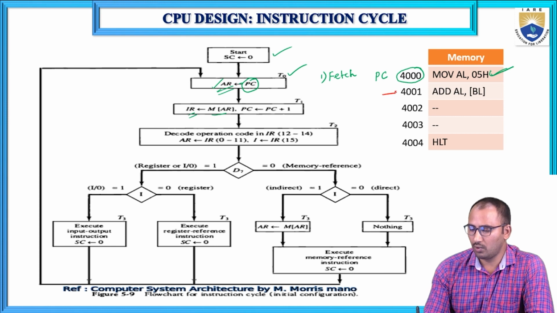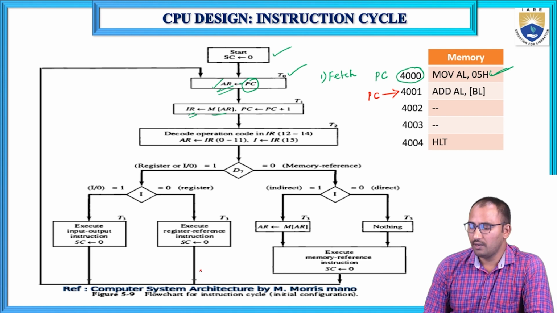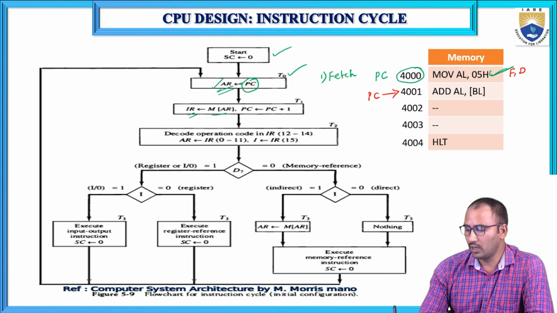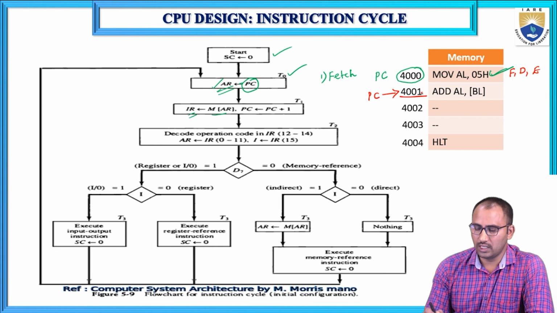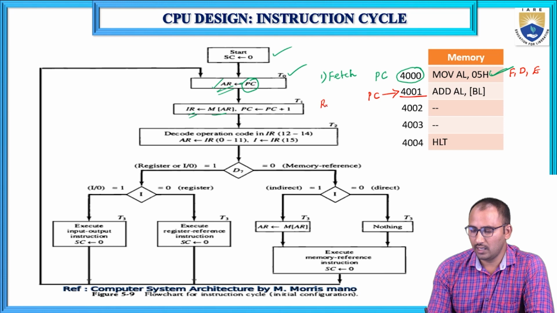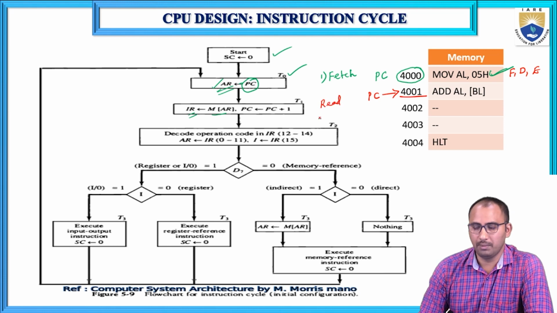So now the program counter holds the address 4001, because whenever the first instruction is fetched from the memory, then decoded, then executed, after the first instruction has undergone all these 3 phases, the next instruction will be fetched from the memory. That's why the program counter is incremented by 1, so that it becomes 4001. So that is the fetch phase. Here it is a read: read the instruction from the memory.